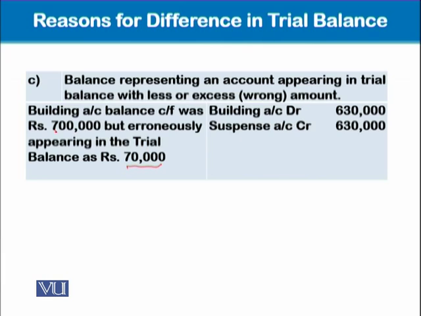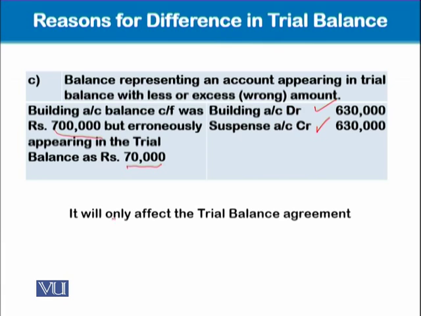Again, the ledger accounts are correct, only the trial balance will give us wrong information. So in the trial balance we will debit building account and suspense account will be credited. Just to eliminate this suspense account from the trial balance, we will debit building account. So this will affect the trial balance only.